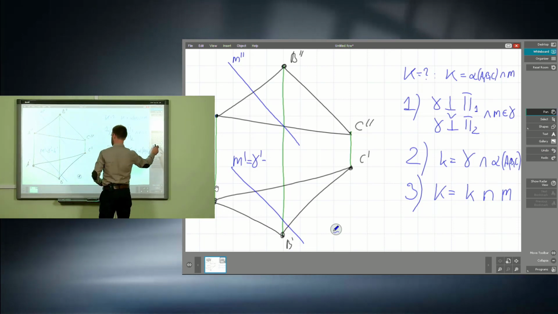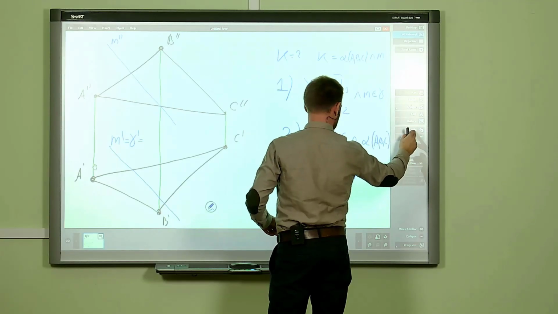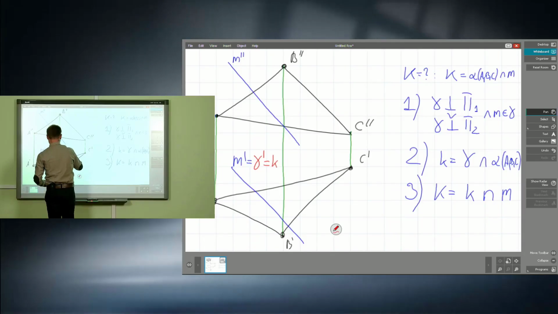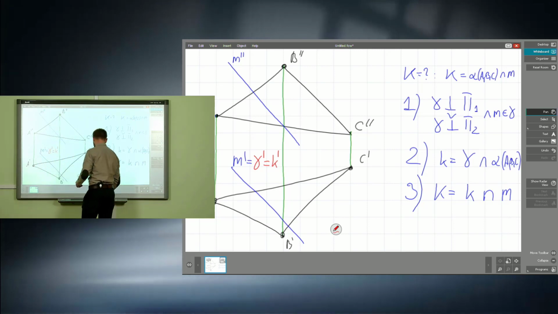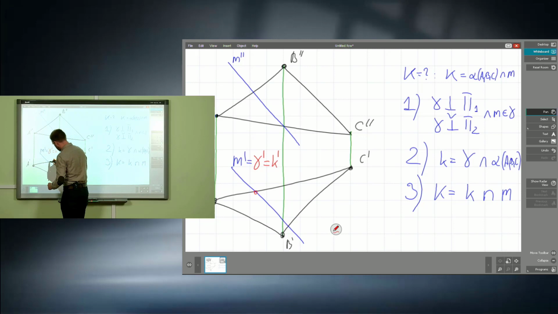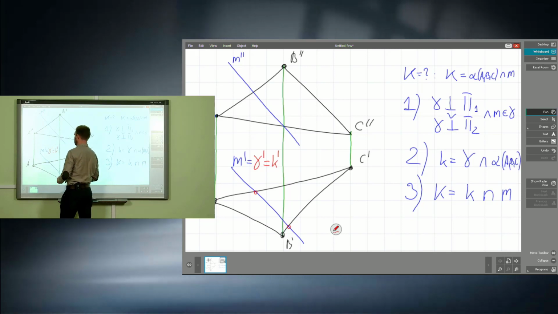Maybe I will use red color to emphasize that it's something which has an auxiliary manner.